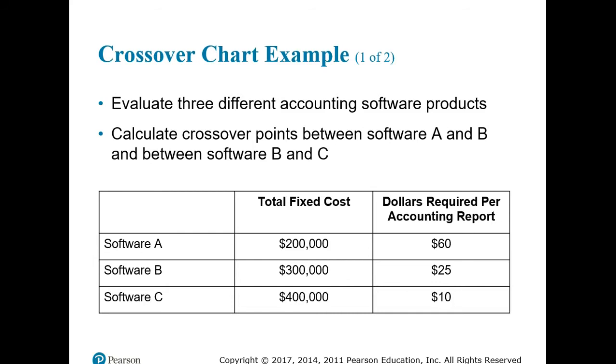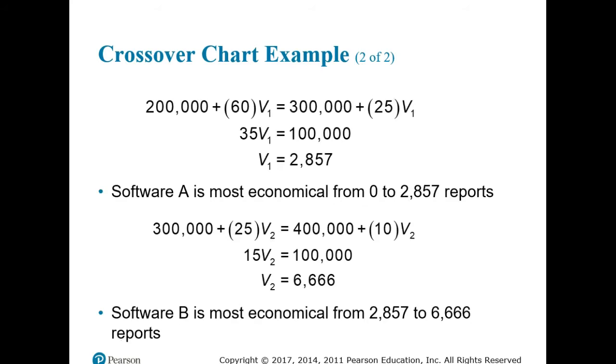So our approach is to solve for the crossover point for software A and B, and then the crossover point for software B and C. Moving on with the solution, software A yields the process that is most economical up to the first point in volume, but exactly what number of reports?